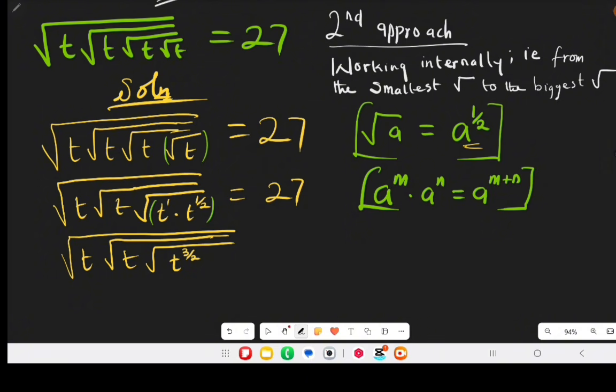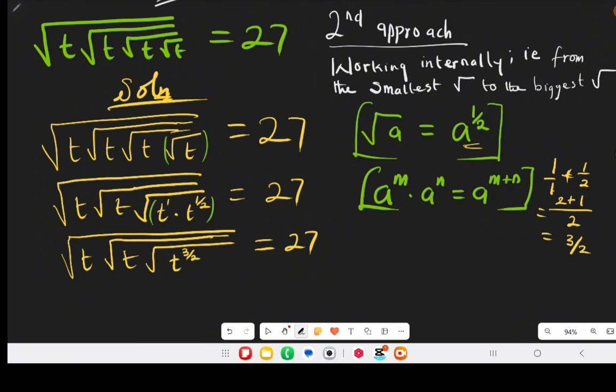If we want to do it, we have 1 over 1 plus 1 over 2. All we do is find the LCM. The LCM is 2. 1 into 2 gives us 2. 2 times the numerator is 2, plus 2 into 2 gives us 1. 1 times the numerator gives us 1. If we add the numerators, we are going to have 3 all over 2, which we have here, equal to 27.